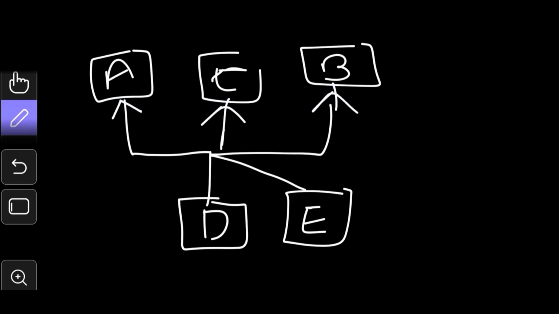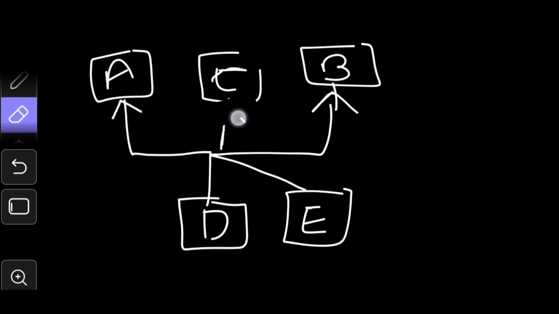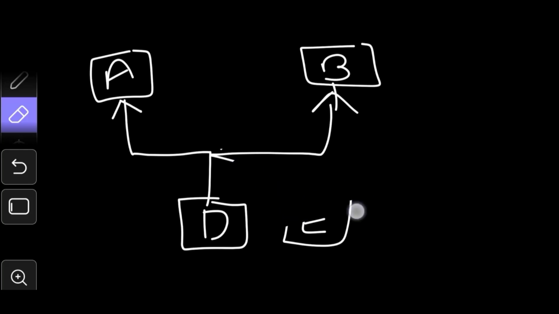So multiple inheritance is when we derive a subclass from multiple base classes, and those base classes can be two or more, and the derived classes can also be one or more than one.